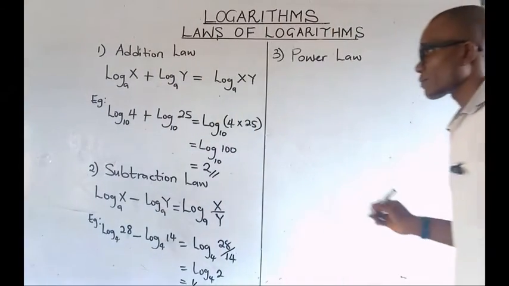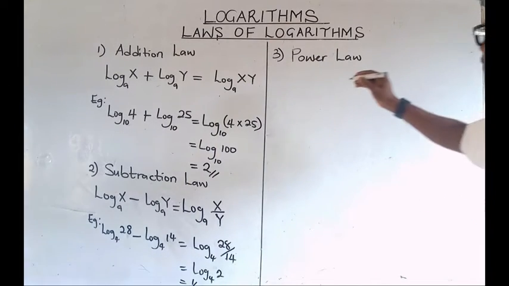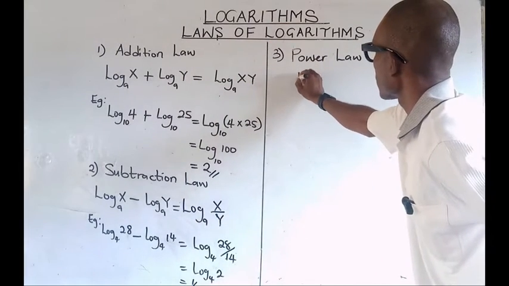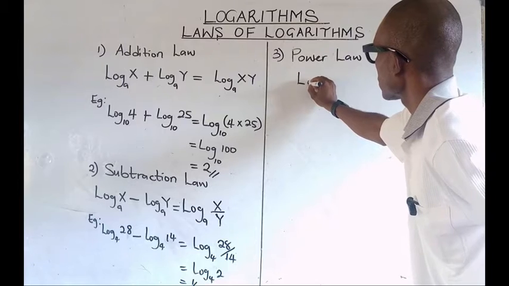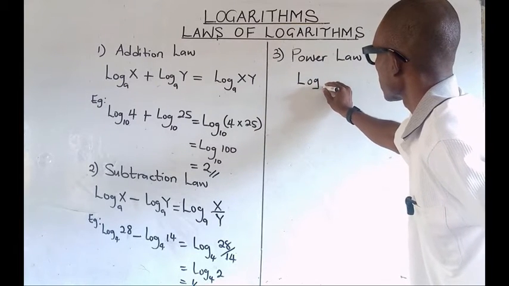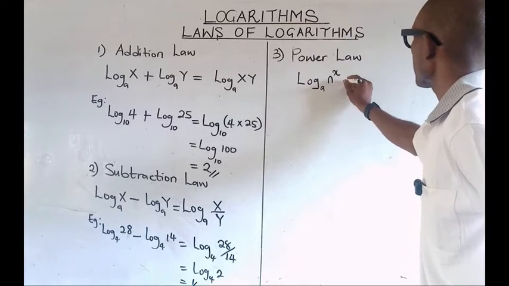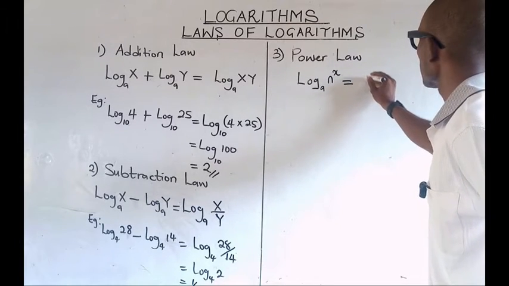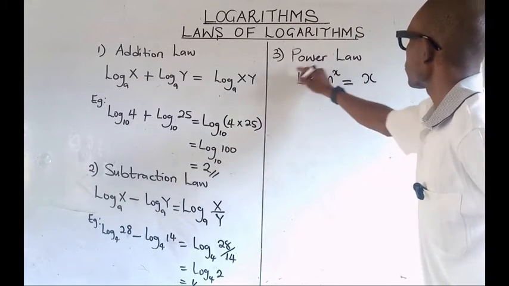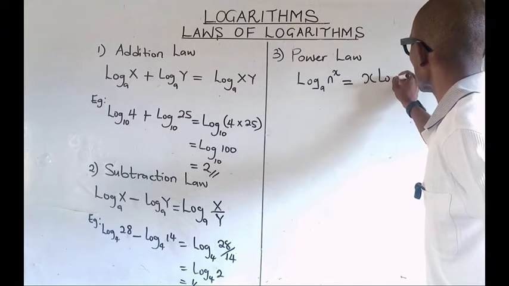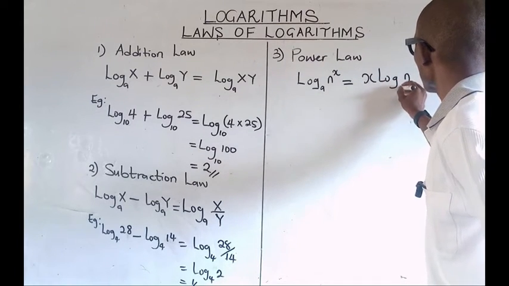The power law states that if you have, say, log n raised to the power of x base a, the resultant will now be x will go over to this side to give us x log n base a.